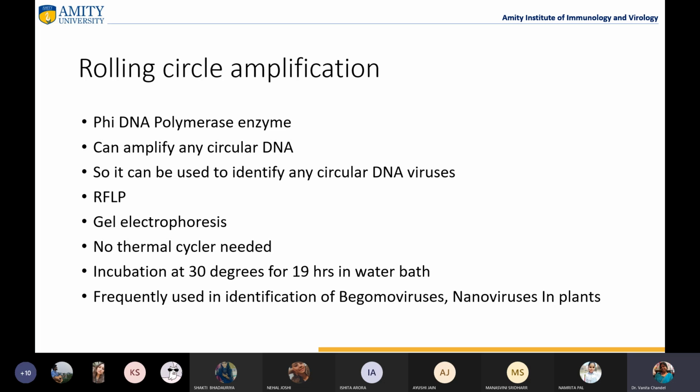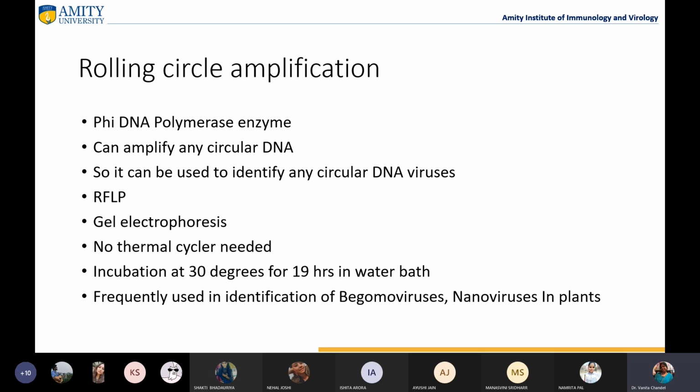We don't need a thermal cycler, we just need a water bath, and the reaction is incubated at 30 degrees Celsius, to be specific, for 19 hours. Basically we put our sample with the enzyme in the water bath overnight, and the next day after 19 hours we use some restriction enzyme to cut that amplified product, and at the end we check it on the gel to see if there is a desired product equivalent to the genome of the DNA virus we are expecting.